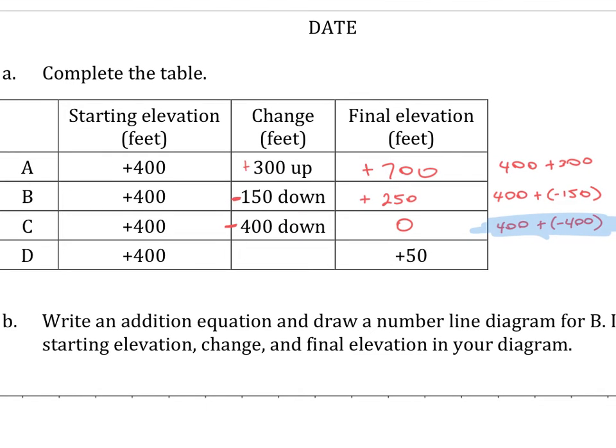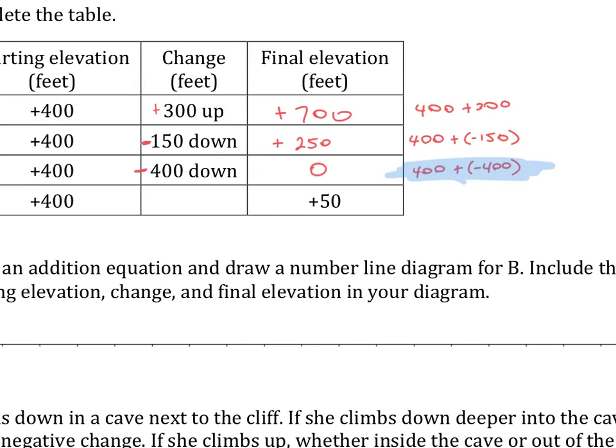And then the last one is a little bit different, right? This one tells us she starts at 400, but her final elevation is at 50. So for this one, I need to ask myself, 400 plus what is equal to a positive 50? So I need to think about, first of all, is my number going to be negative or positive?